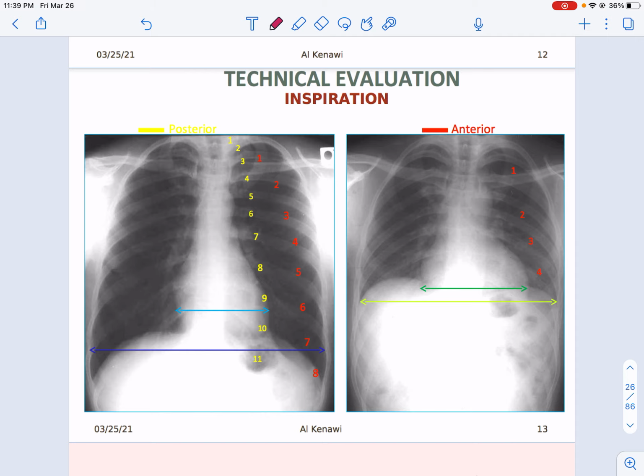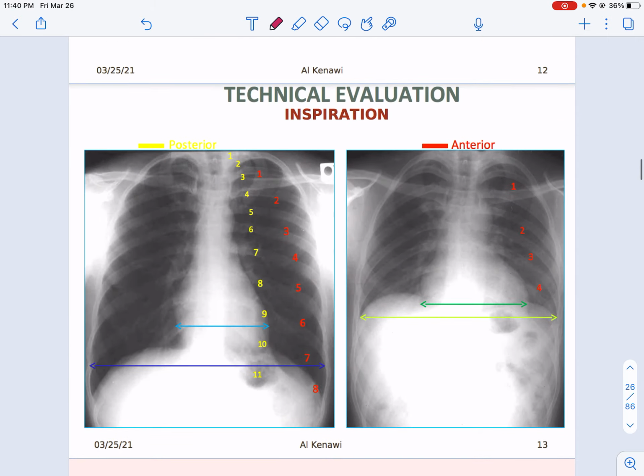كيف عدوا الريبس؟ عدوها هنا في دي الصورة انعدت بالعكس، بس في دي الصورة it's okay, like this is posterior. We can count ribs as we see here. الأصفر يدل على posterior, الred يدل على anterior, and basically if you can see like this, the anterior, this the second, and here the third, and here the fourth, like they count the posterior and anterior in the same picture.